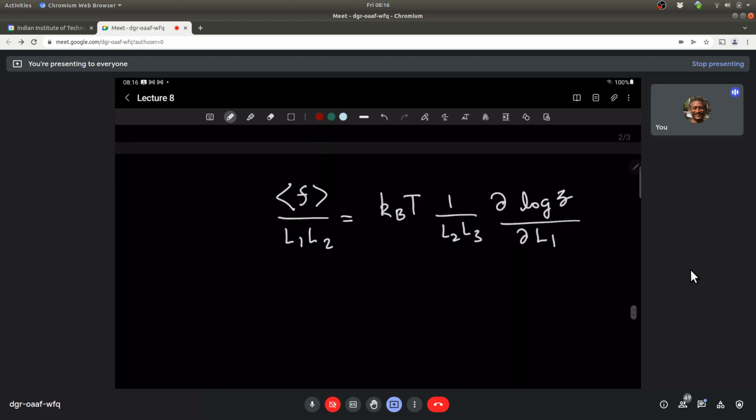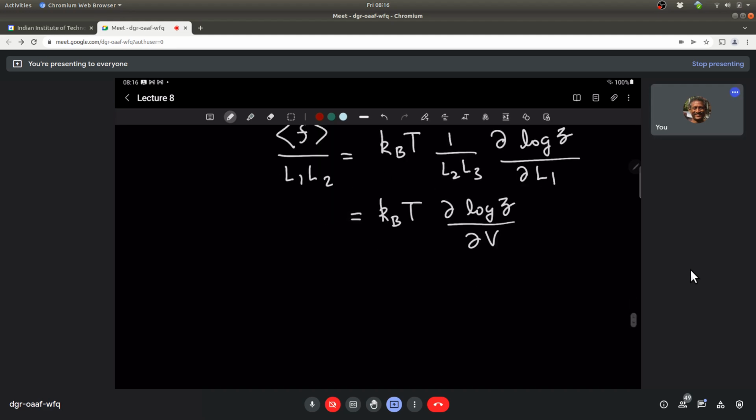But what I will do is, we know that L1, L2, L3 is the volume, and we want to write a formula which is valid not just for a cubical box, but for any box. That's the way to go. So we get a formula which is true much more generally.